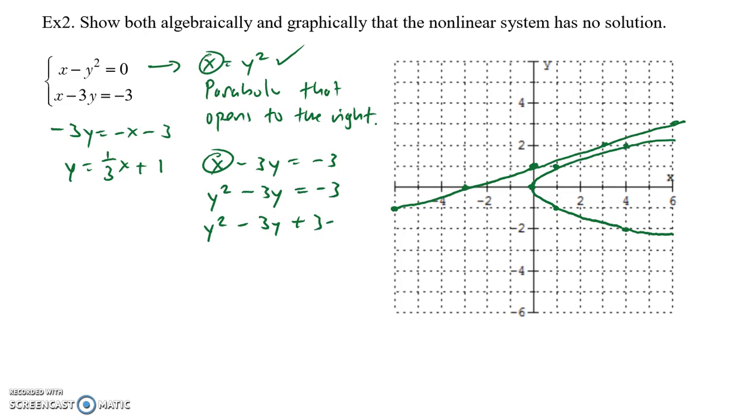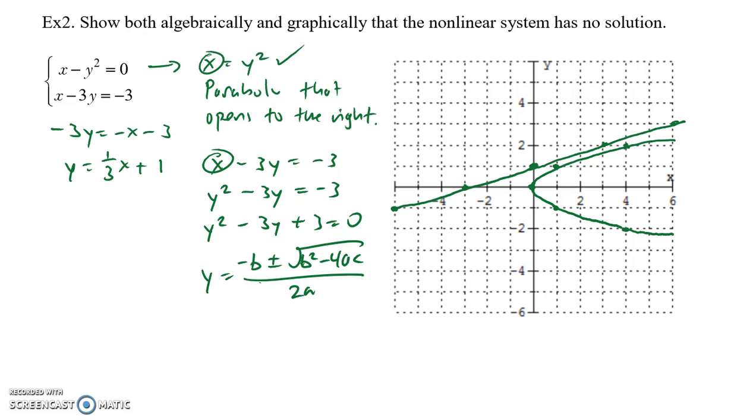We can add 3 to both sides, set it equal to 0, and then we can try to solve the equation by either factoring or the quadratic formula. In this case, factoring is not going to get us anywhere, so we'd have to use the quadratic formula. The quadratic formula would give us y equals minus b plus or minus the square root of b squared minus 4ac, over 2a.